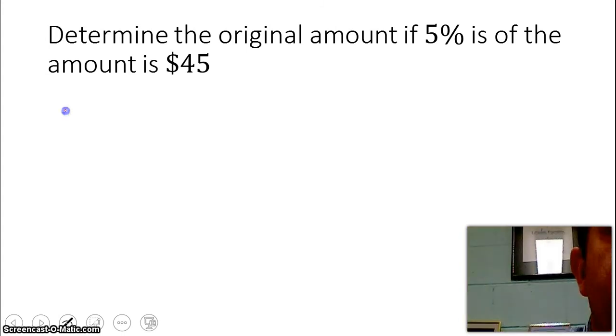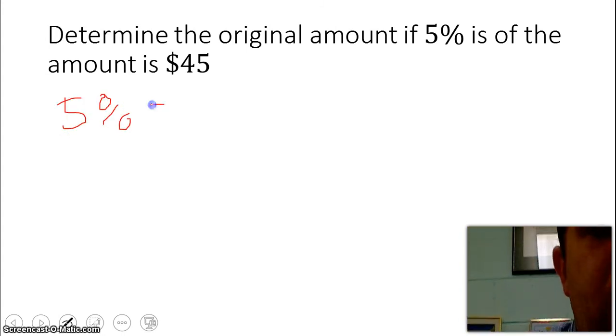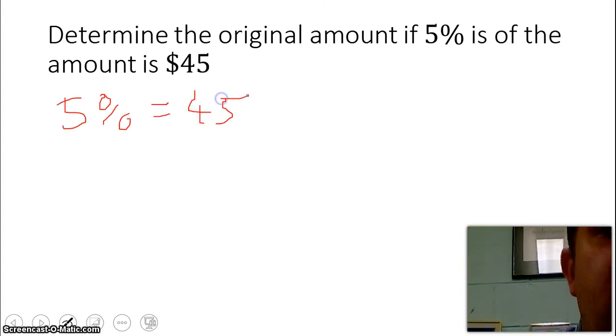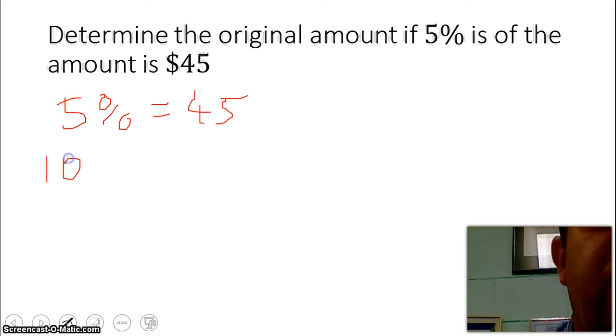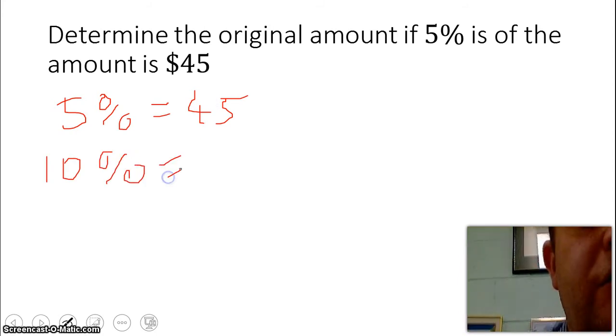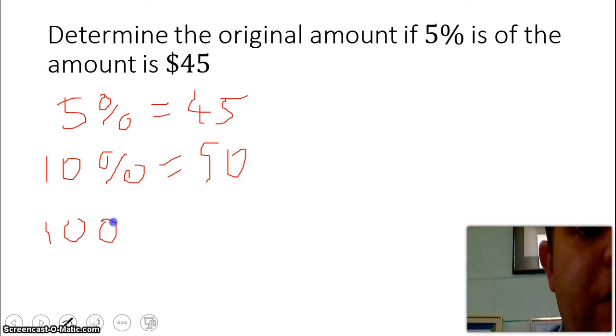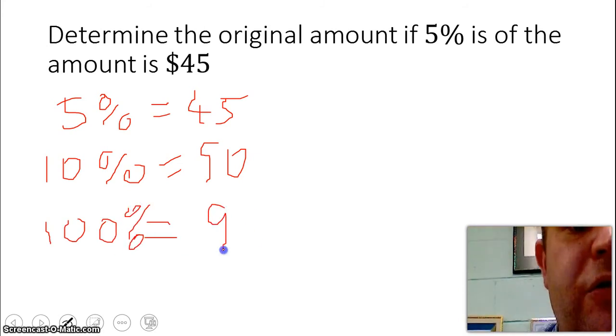So we've got 5% is $45. If we double that, we're going to get 10%. So 10% is $90. And to go from 10% to 100%, we can find 100% by timesing by 10, and we get $900.